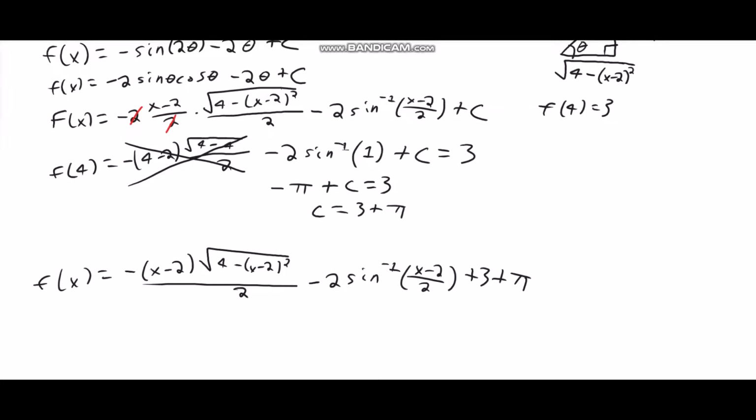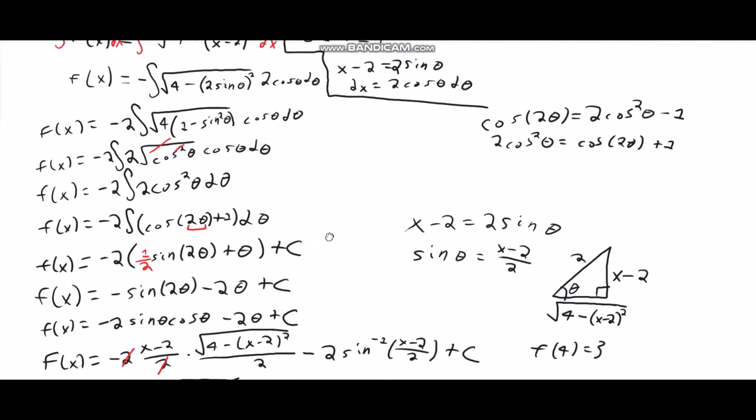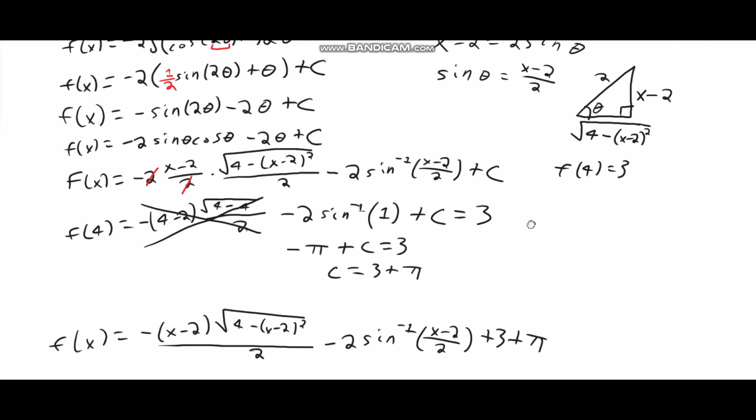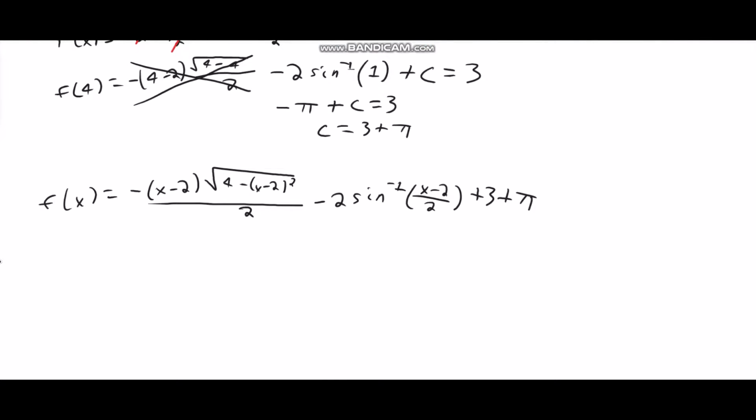All right, so now we have a formula for f of x, and now we can answer the first part of the question. We can find f of 0. We cannot use this formula to find f of 5, because this is only good for x between 0 and 4. But we can use it for f of 0. So to find f of 0, we'll just plug 0 in here.